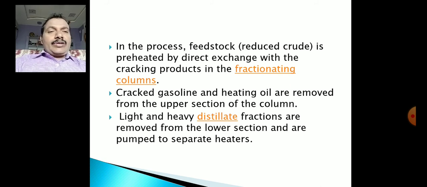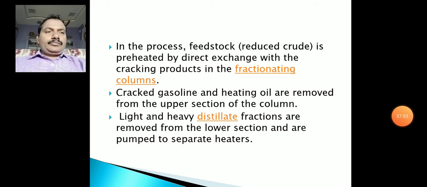The cracked gasoline and the heating oil are removed from the upper section of the column, and light and heavy distillate fractions are removed from the lower section and are pumped to separate heaters.